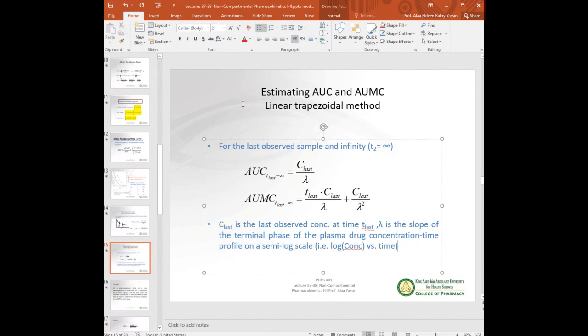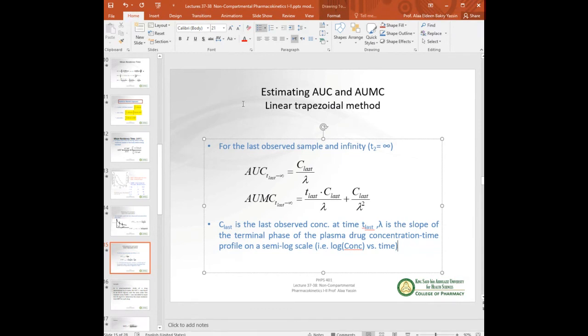The mean residence time expresses the mean time that the molecules of the dose spend inside the body.